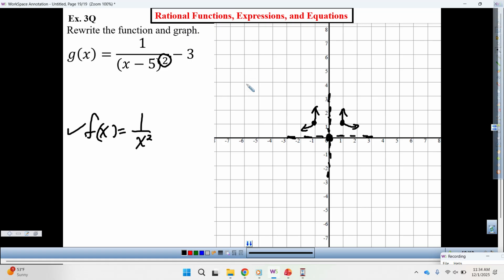Eileen, where do we move that to? Five to the right and down 3. Hands if you agree. That is correct. So 5 to the right, down 3. So our new vertex is there. My asymptote is here. The other one is here.